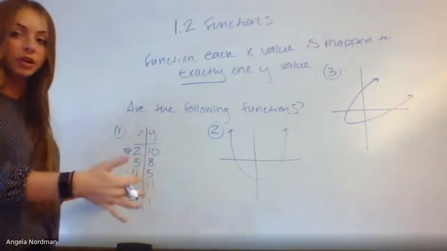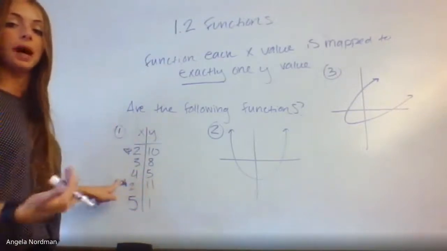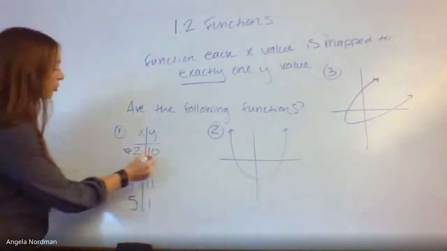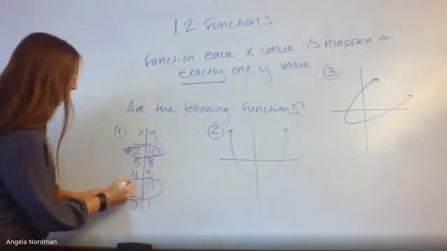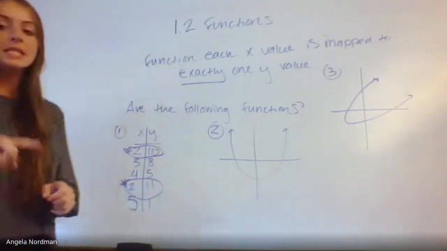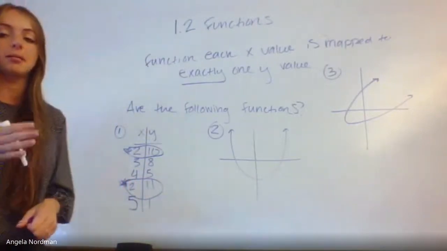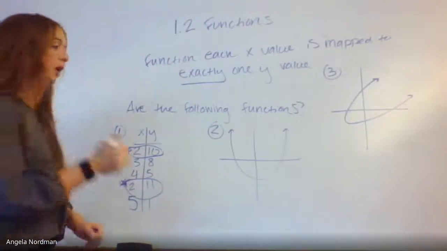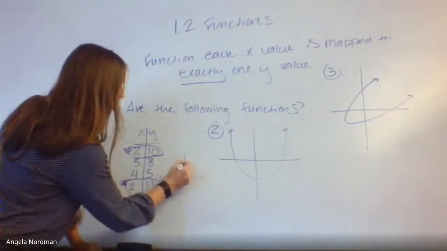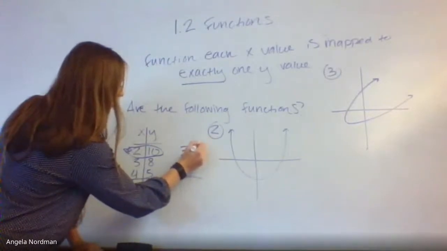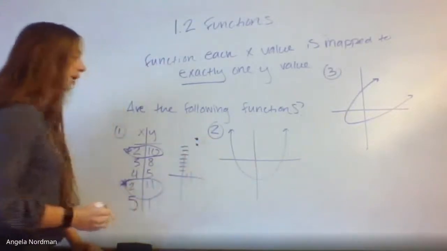If they have different corresponding y values, then it's not a function. So let's go through. This one is 2, 10. This one is 2, 11. So I have 2 different points on the same x coordinate. What this would look like is over at 2, way up at 10, I'd have a point, and then at 11 I'd have a point.